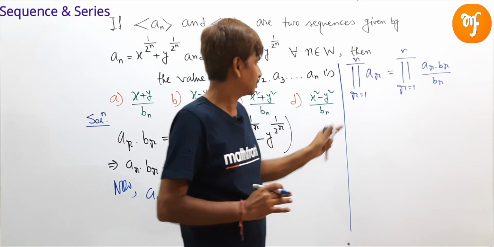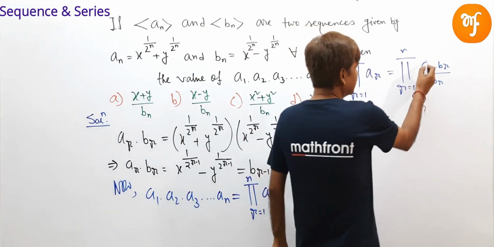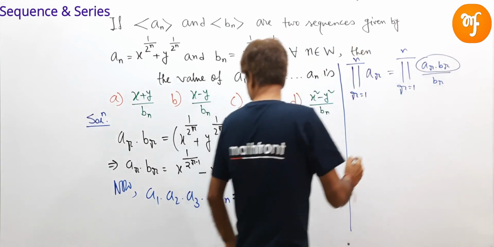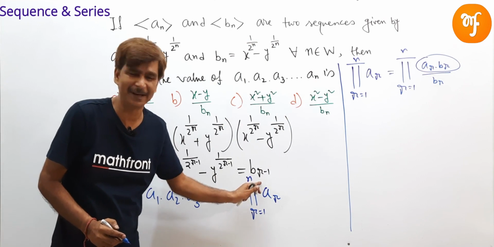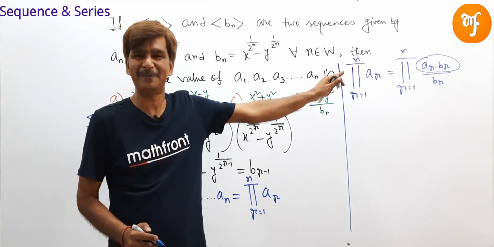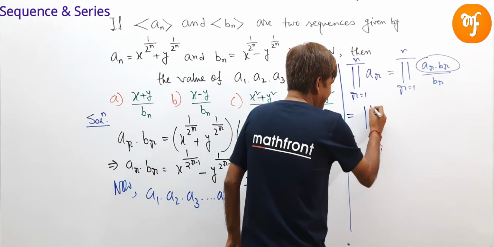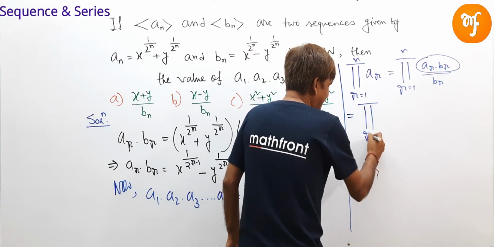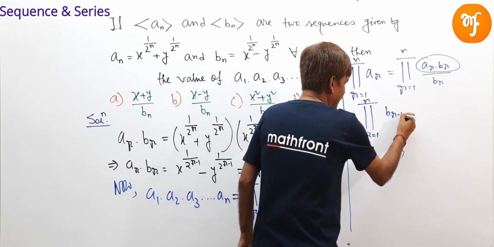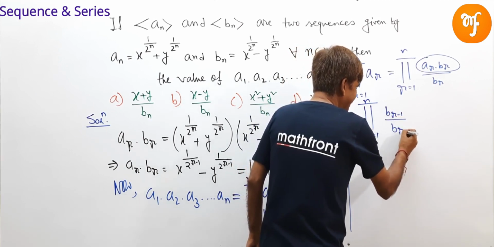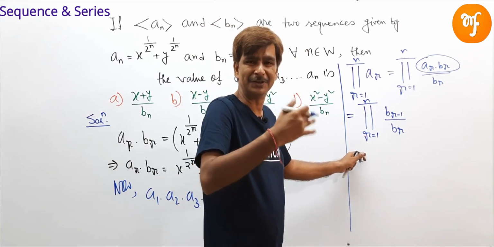Okay, clear? So ar can be written as ar into br by br. Now what is ar into br? We already found the value of ar into br is b r minus 1. So substitute ar into br by b r minus 1. Okay. So look, this can be written as pi of r equal to 1 to n b r minus 1 by br.